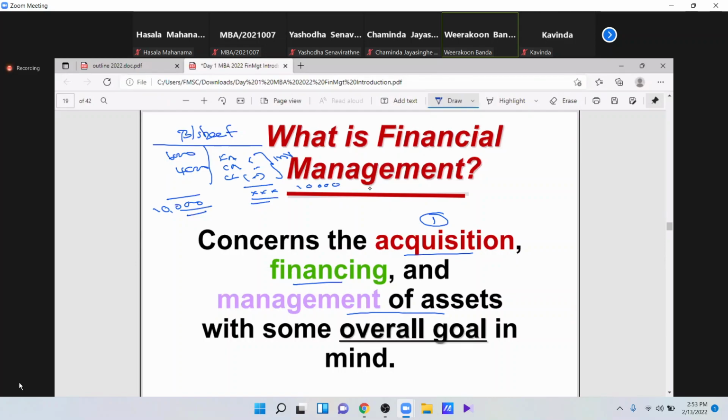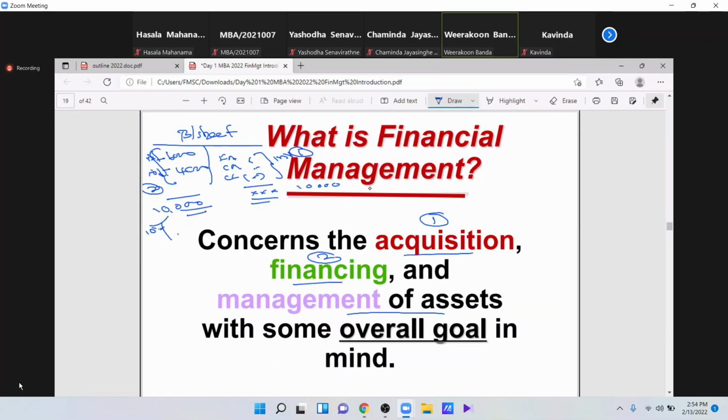So this is called financing. Maybe here a 12% rate, here maybe a 10% rate. On average, maybe 10% or 10 point something. So this is the financing. We are concerned here with financing, the second point. This is the first part.